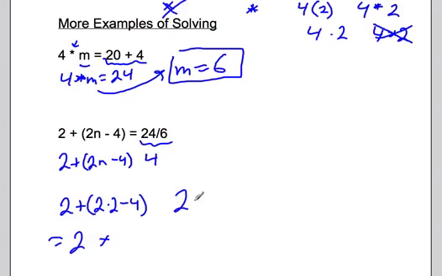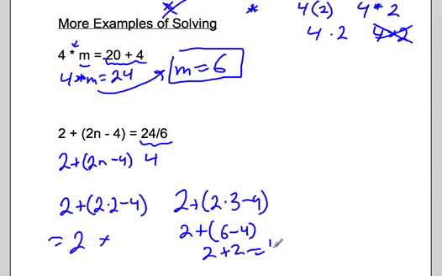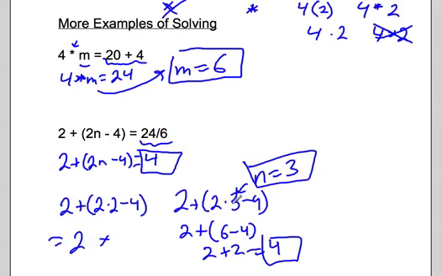If you try 2 plus 2 times 3 minus 4, that's 2 plus 6 minus 4. 2 plus 2, that does equal 4. And that's what we're looking for. So if I put in n equals 3, that is going to be the correct answer. So that is the solution. n equals 3.